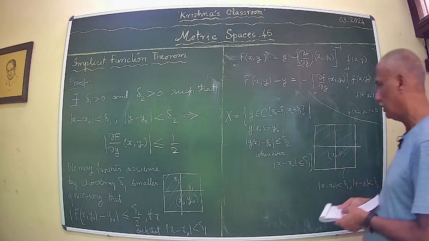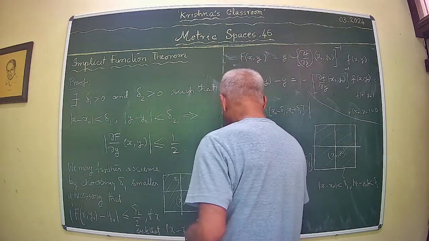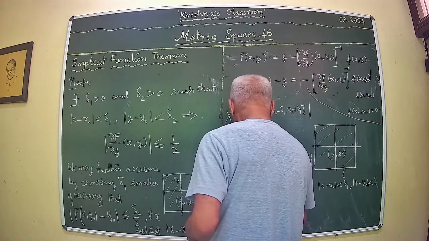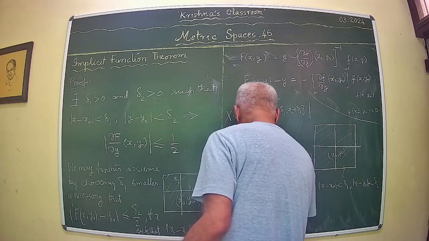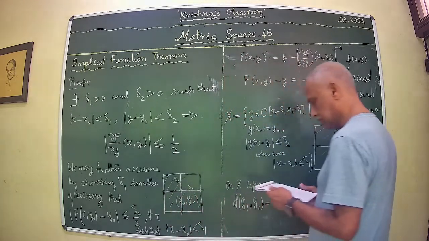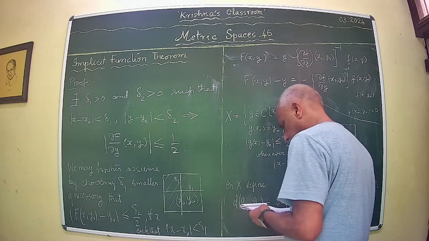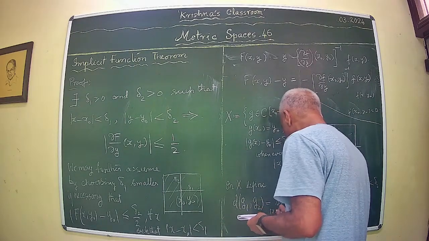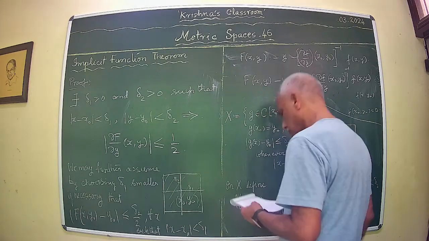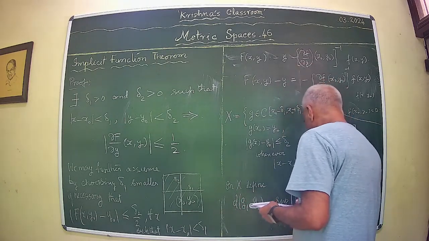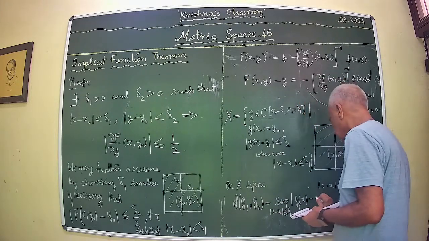Okay. Now on this space, define the metric d of G1, G2 equal to the supremum of the absolute value of G2 x minus G1 x.